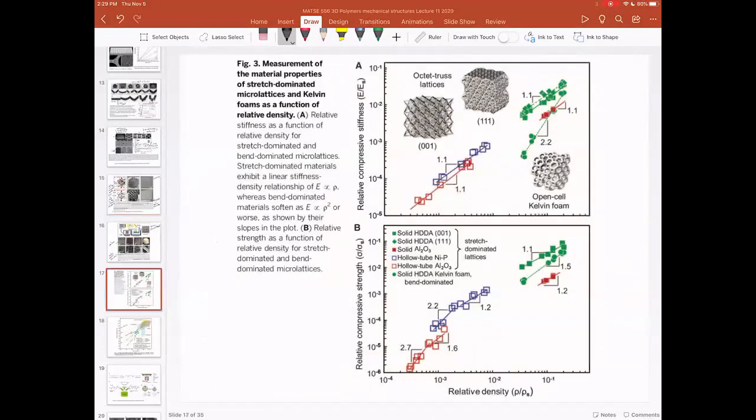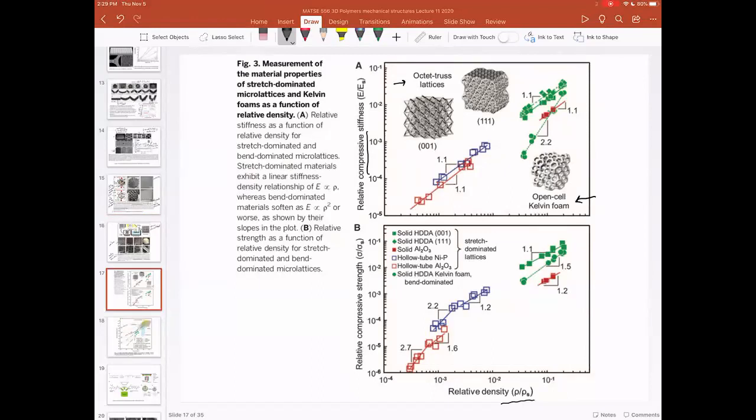And so as you look at different relative compressive stiffnesses versus relative density, so it's just a way to normalize based on the material properties, you see that the octet trusses, and they call these now Kelvin foam, so that's just the person who analyzed the mechanical properties of that.